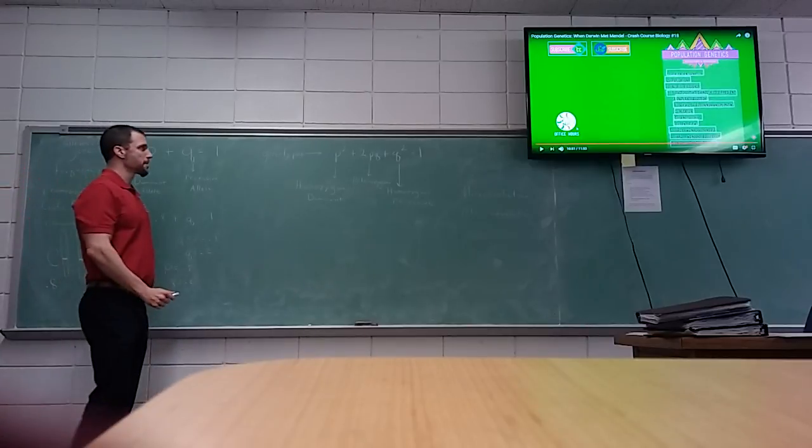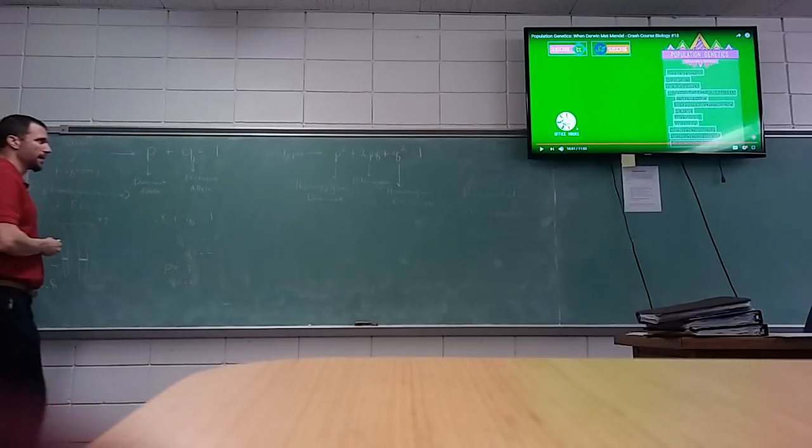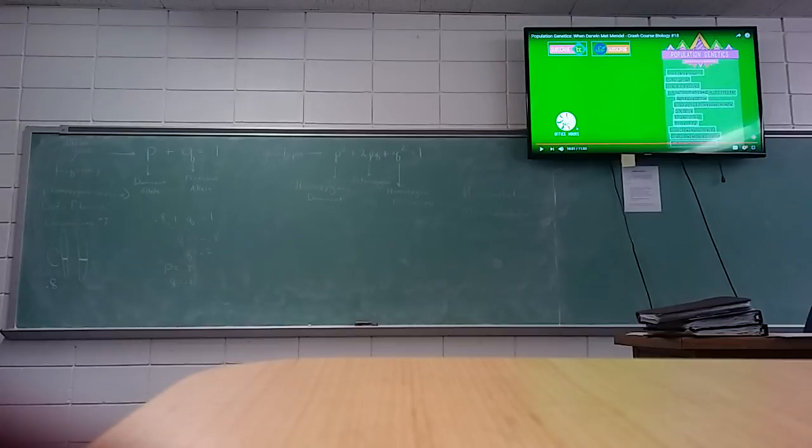And let's say that we want to find out how much of the population is homozygous dominant. So basically, this is asking: if we have this bucket of pieces of paper and 80% of them have big C's that are healthy, and 20% of them have little c's that are the disease carriers, if we were to pick 2 of the big C's in a row, what's our chance of that?